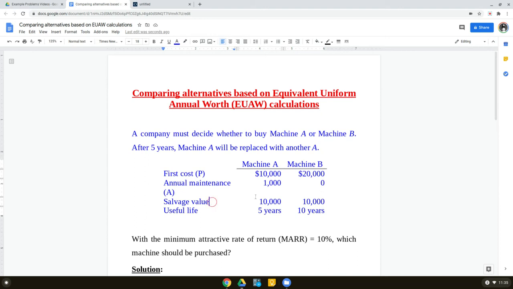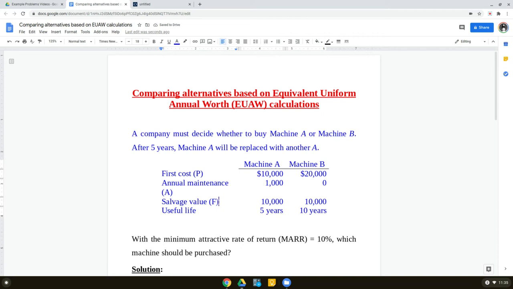Salvage value is the future value in last time period, in time period 5 for machine A and time period 10 for machine B. So that's the future value, and we also need to convert it into its equivalent annual value, right? This P should be converted into equivalent annual. This is already in annual terms here.